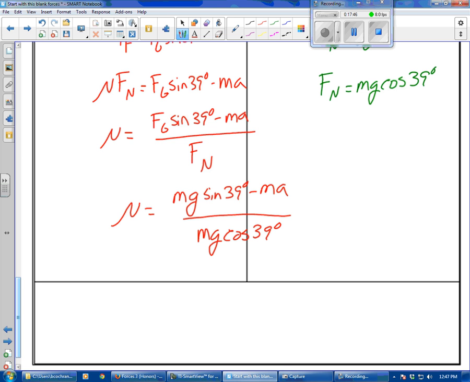Anything cancel out of that big old mess? Nope, because the ma doesn't have an mg in it.